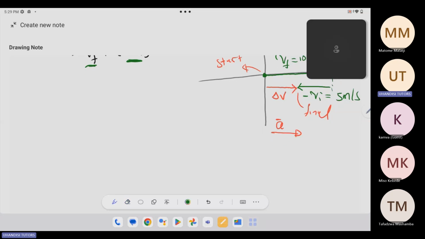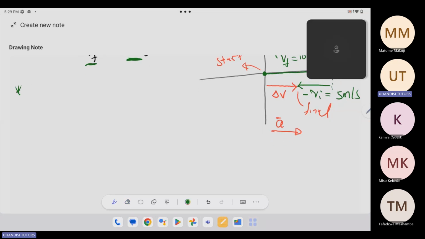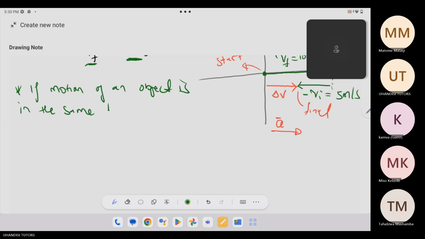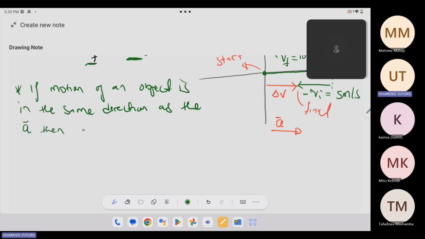They can trick you with this. So, important pointer: if the motion of the object is in the same direction as the acceleration vector, then the object is speeding up.